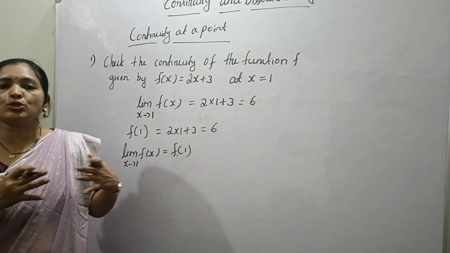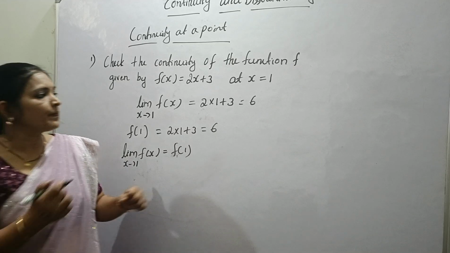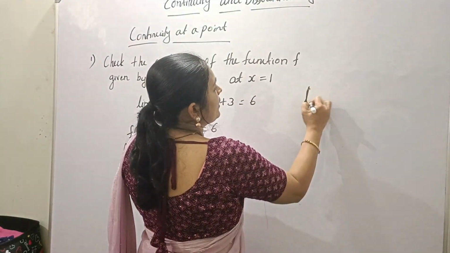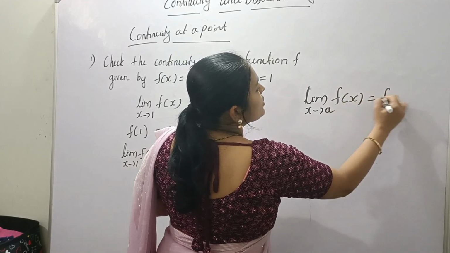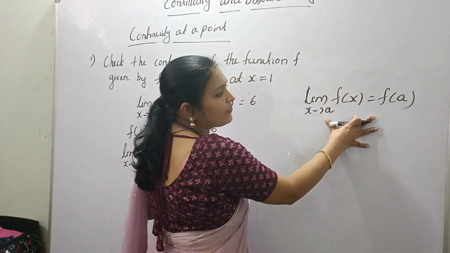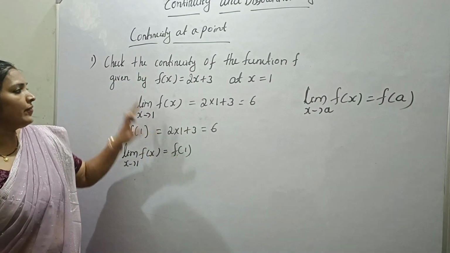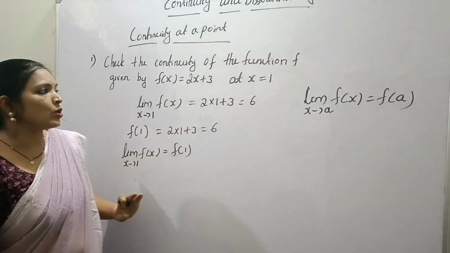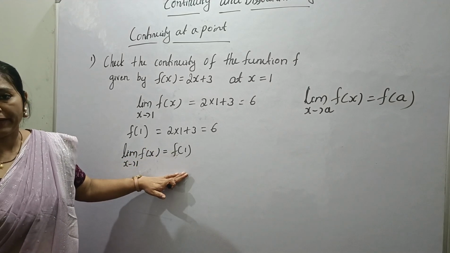If so, then the given function is continuous at x is equal to a. So here the given function is continuous at x is equal to 1, because we have got limit x tends to 1 of f of x is equal to f of 1.